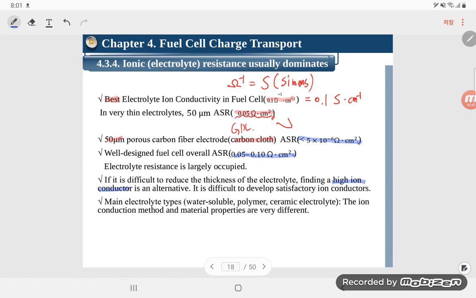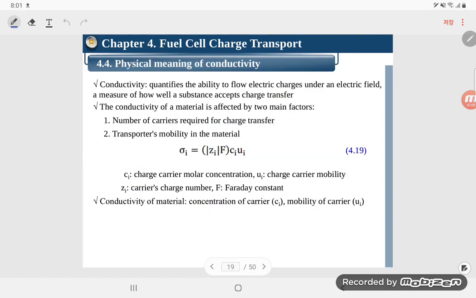The main electrolyte types are divided into water soluble, polymer, and ceramic electrolytes. Of these, the material properties and transport properties are very different. So how can we calculate the conductivity of each of the species?